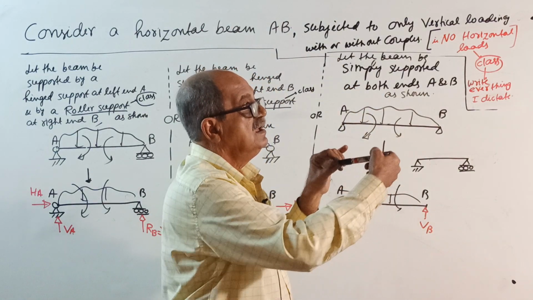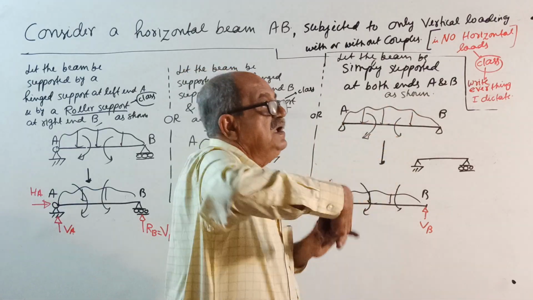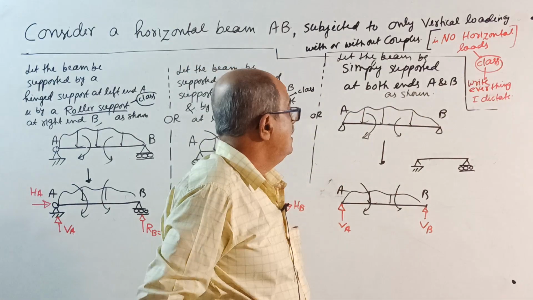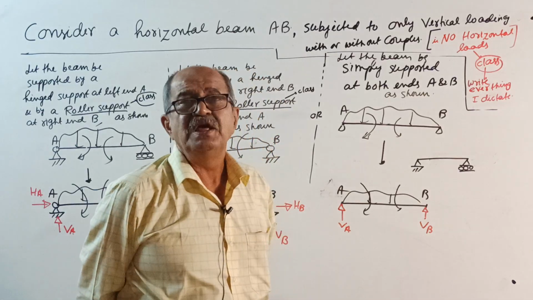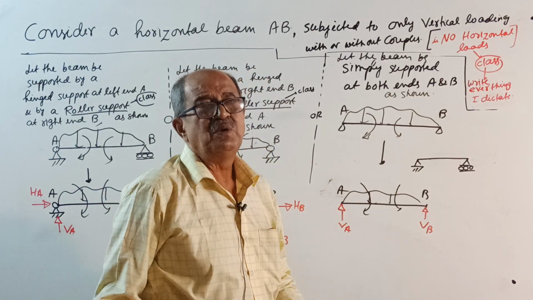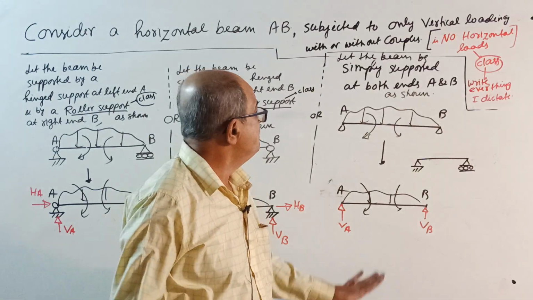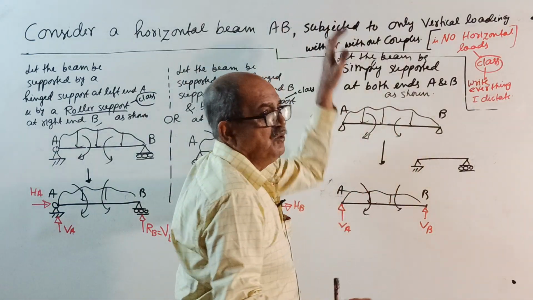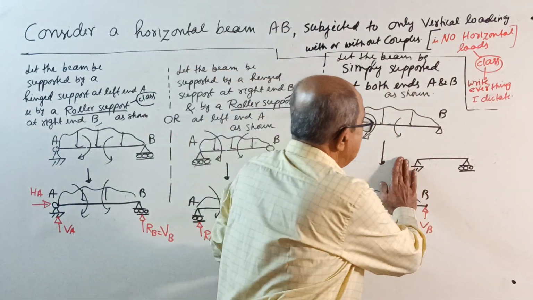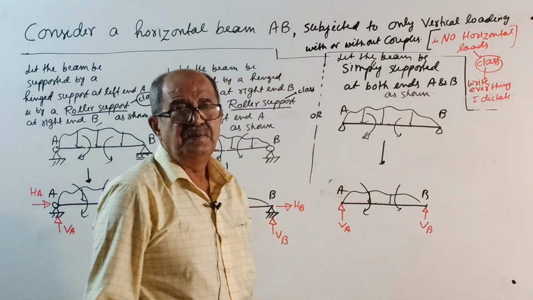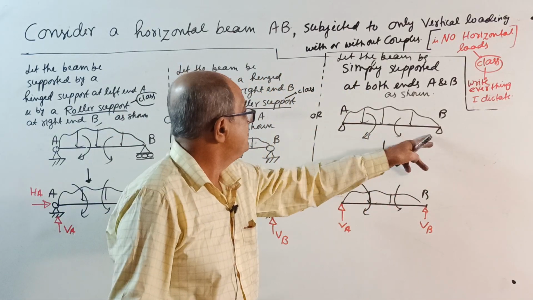Sir, it will rotate like this. Oh, is it stable? It is not stable. Then don't use the word stability here. You simply say simply supported beam. Therefore, from now onwards, I will call this one a simply supported beam.